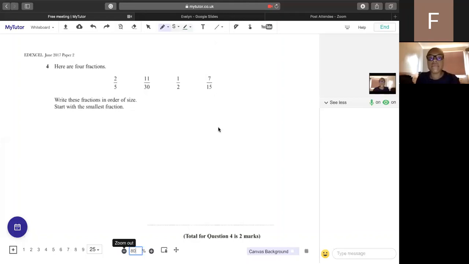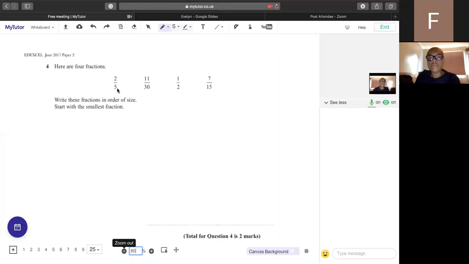So 5, 30, 2 and 15, we know that they're all factors of 30. 5 goes into 30, 30 obviously goes into 30, 2 goes into 30 and 15. So let's write down their equivalent fractions underneath each one and then order them.